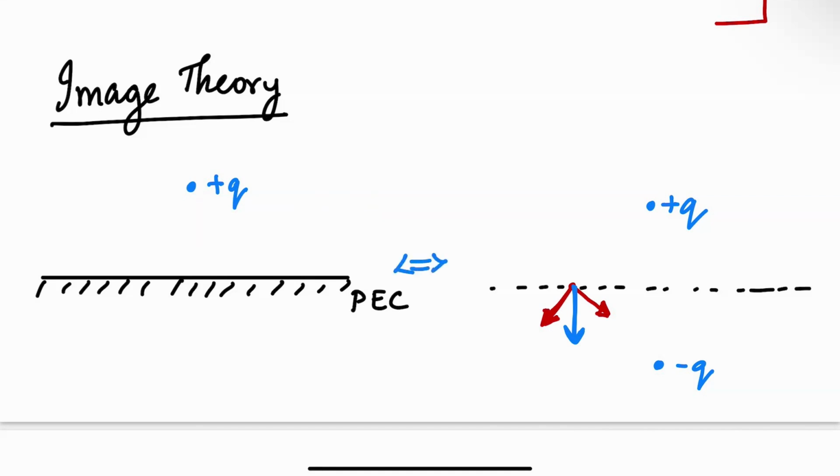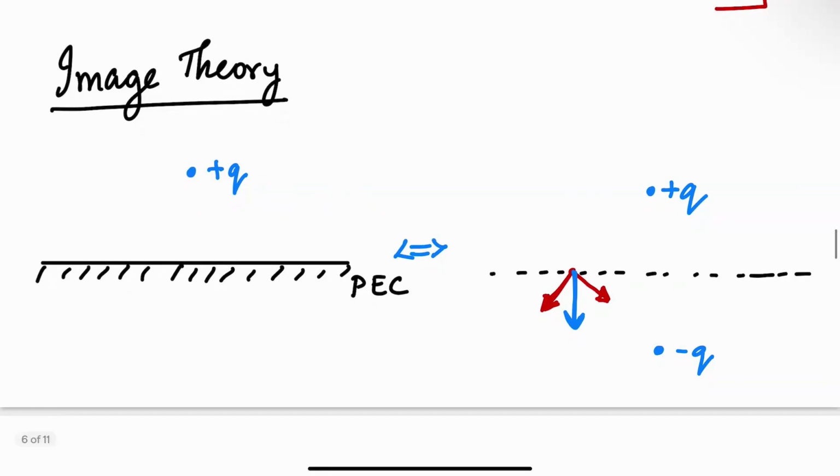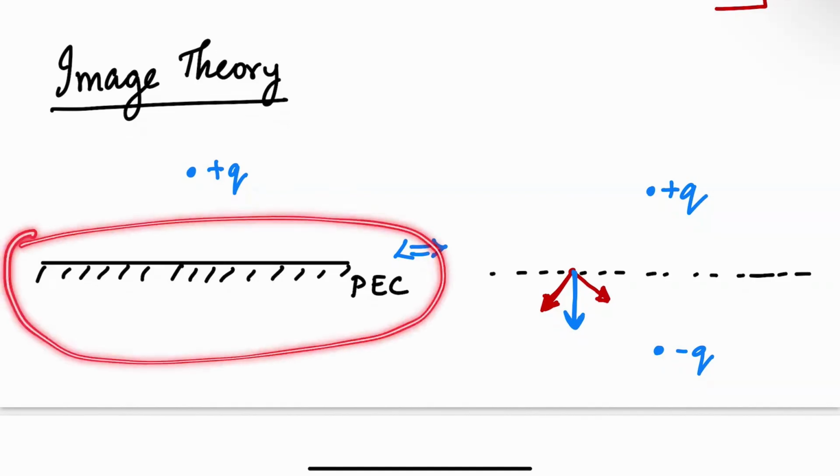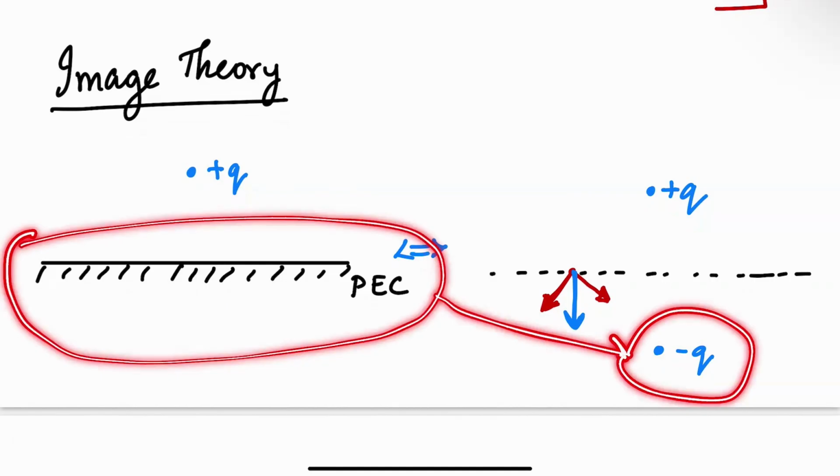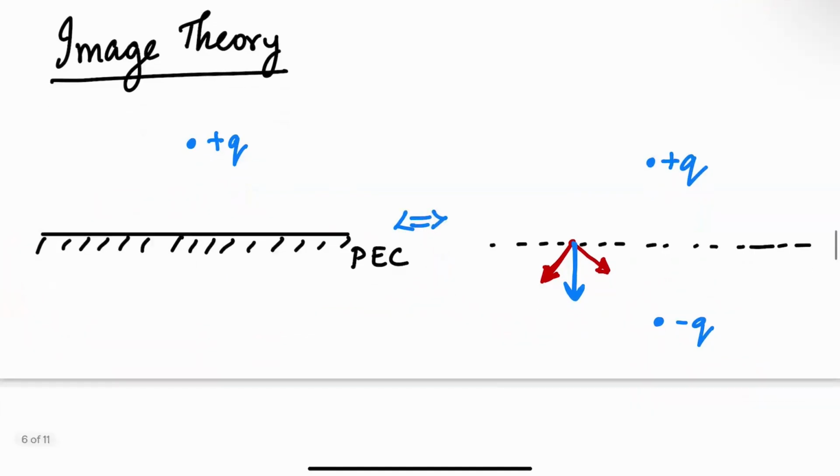And from uniqueness, they should have the same field distribution in the upper half space. So what we've done is we've replaced this PEC with this charge. Okay, and that's the idea.